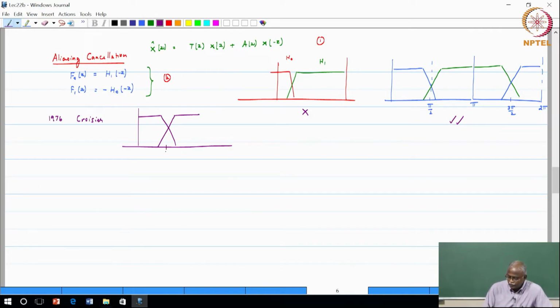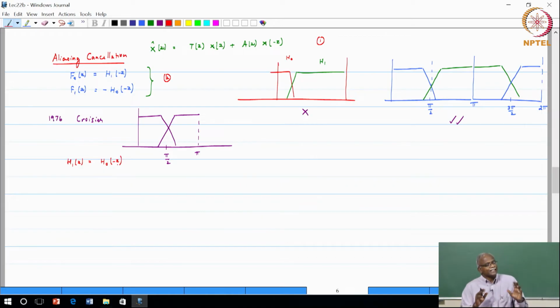Okay. So, if this is pi by 2, this is pi, okay, I am drawing only from 0 to pi. The observation that he suggested was the following. The observation was why not choose H1(z) to be equal to H0(-z).